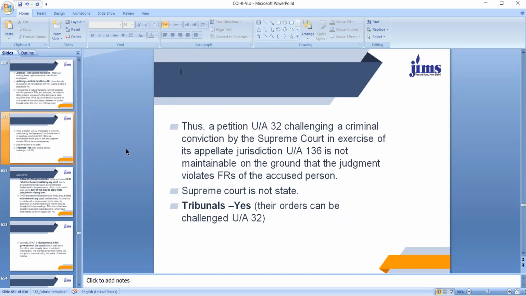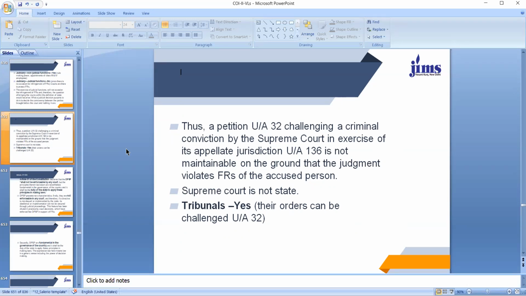So when you file a petition under Article 32, suppose you are challenging a criminal conviction by the Supreme Court in exercise of its appellate jurisdiction under Article 136. This petition is not maintainable on the ground that judgment violates fundamental right of the accused. You cannot say in 136 SLP that the judgment of the High Court has violated fundamental right of the accused, because High Court and lower courts are not working as a state.